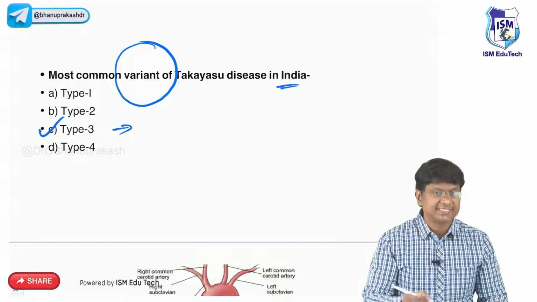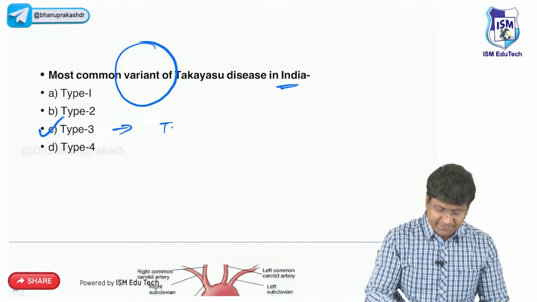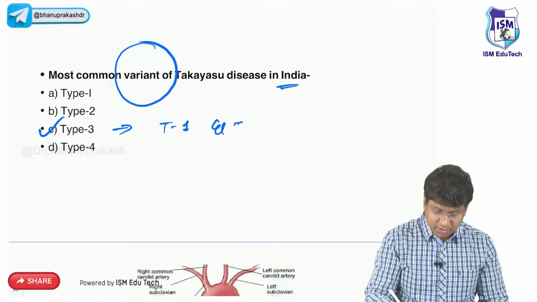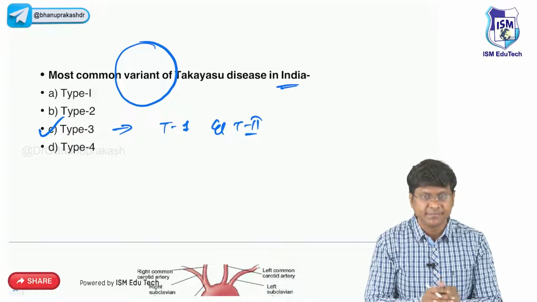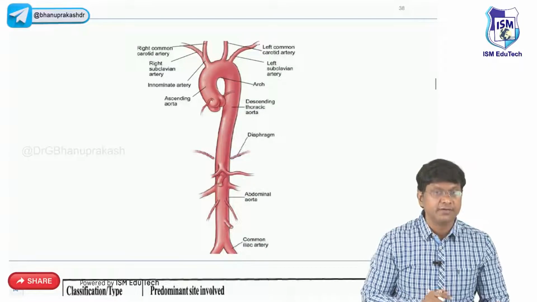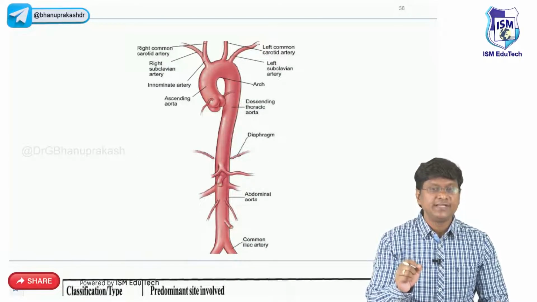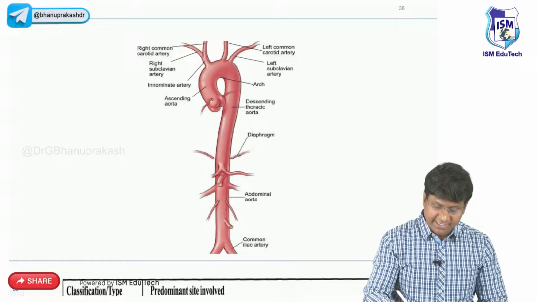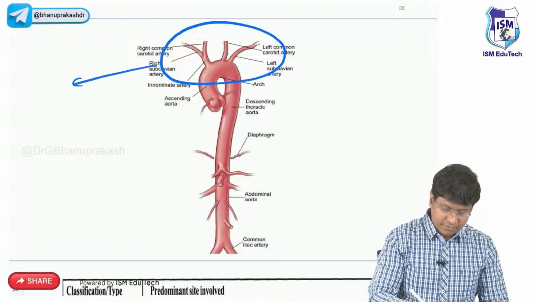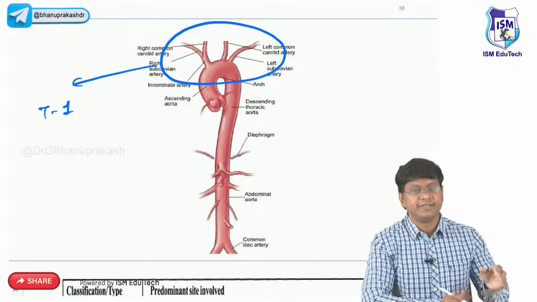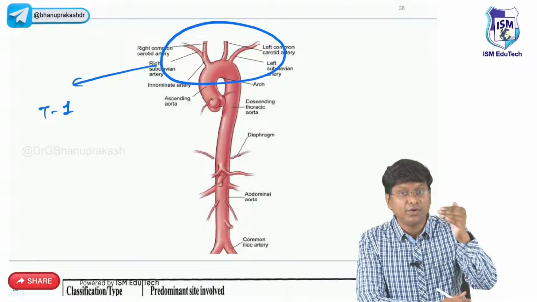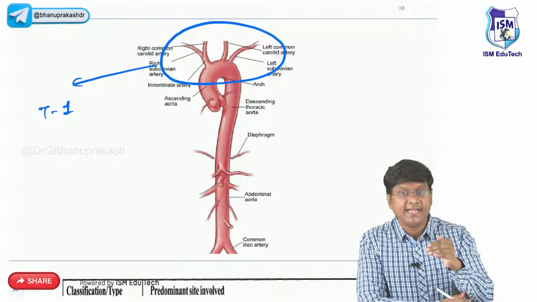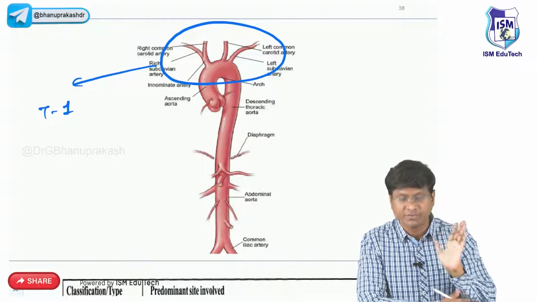So what does type 3 constitute? Type 1 and type 2 together we call type 3. Now what exactly is type 1? Type 1 is where there is involvement of the arch of the aorta and its branches. Then what is type 2? Type 2 is where there is involvement of the thoracoabdominal aorta and its branches, with or without the renal arteries being involved.